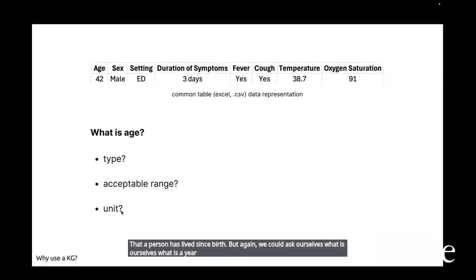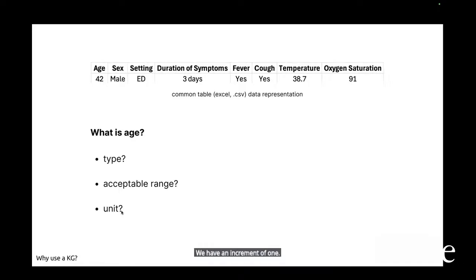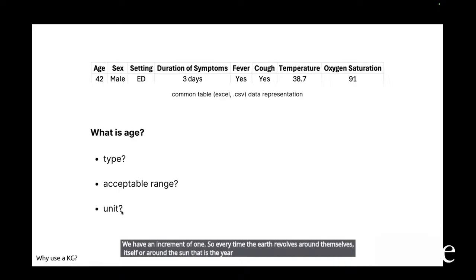A year is a measure of 365 or 366 days, depending on the type of year, where we have an increment of 1. So every time the Earth revolves around the sun, that is the year, and so on. But then we are talking about humans, right?